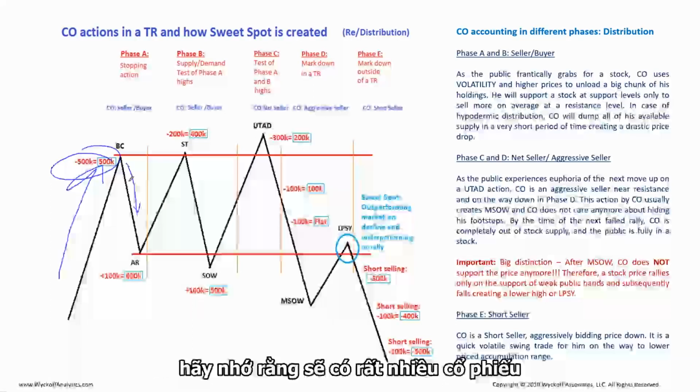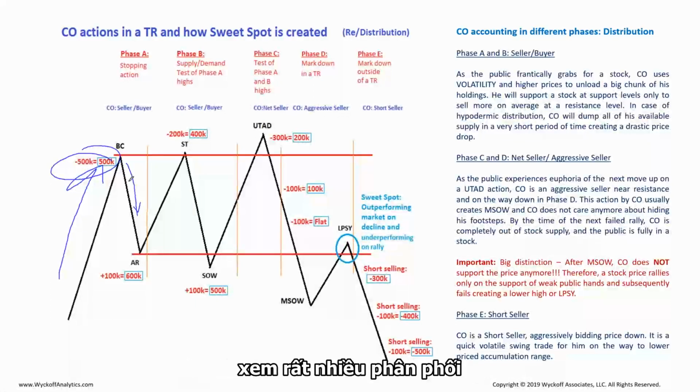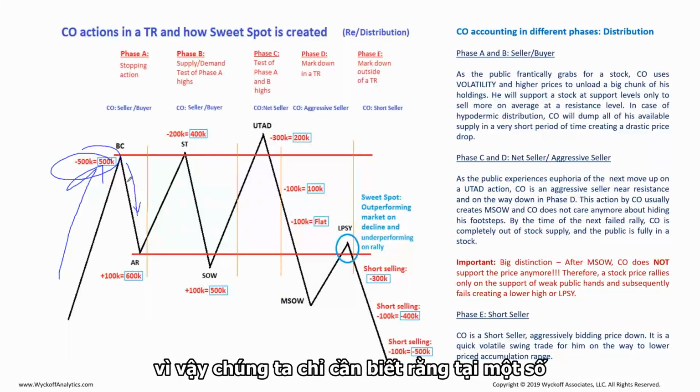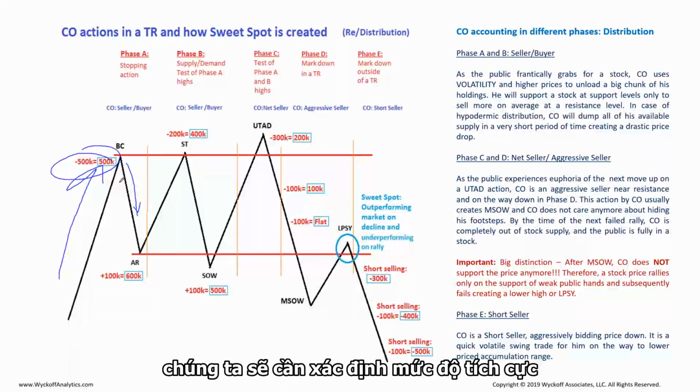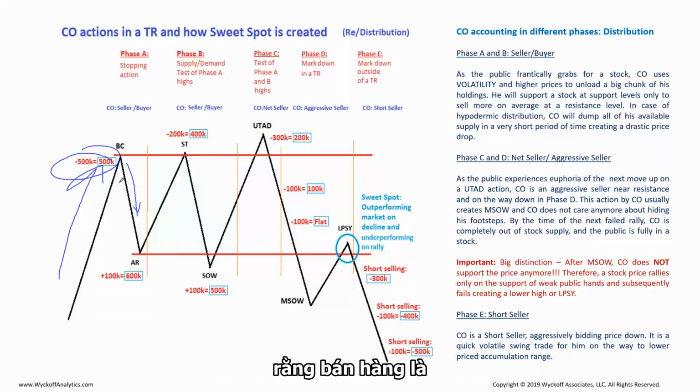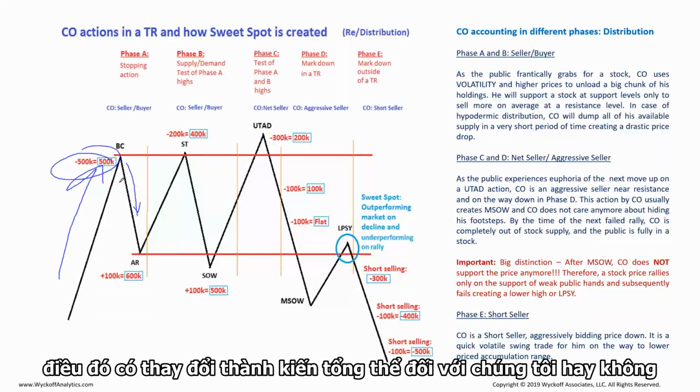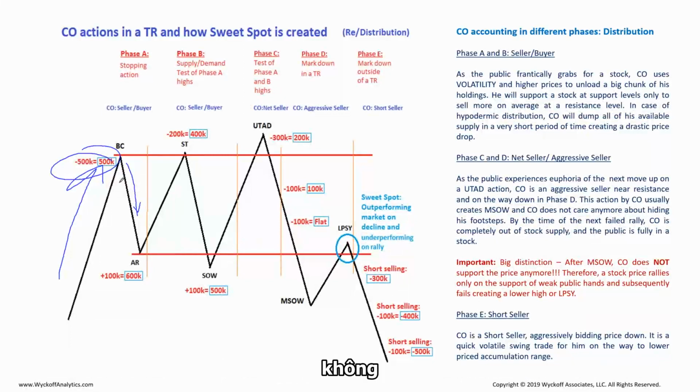Remember how a lot of the stocks would see a lot of distributional characteristics in phase A, and that would even be a reaccumulation. So we just have to know that at some spots, some institutions will sell, and then we will need to define how aggressive that selling is. Does that change overall bias for us or not?